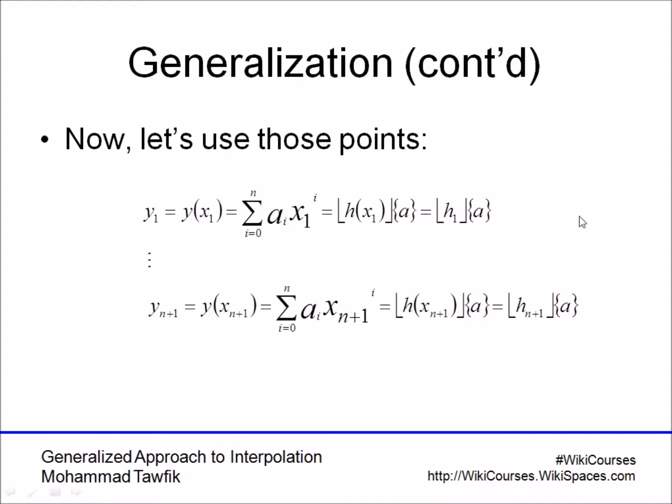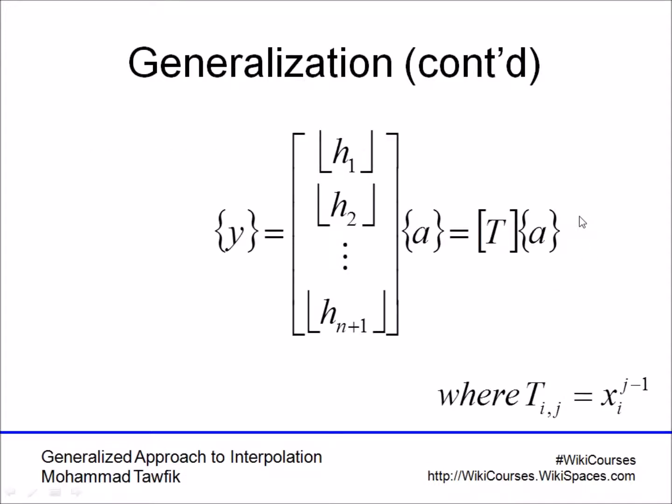Let's rearrange this into matrix form, where you will obtain a matrix with n plus 1 rows and n plus 1 columns. Each row is filled up with the terms that were obtained in each of the h's, h1, h2, until h n plus 1. This, as a whole, can be called the transformation matrix. We'll call it T from now on, where T_ij, the general term of T, is x_i to the power j minus 1.